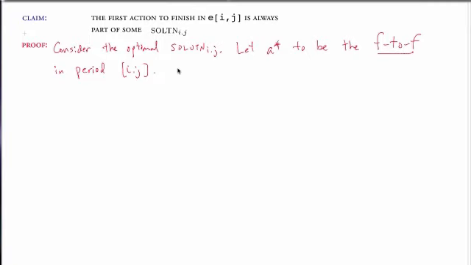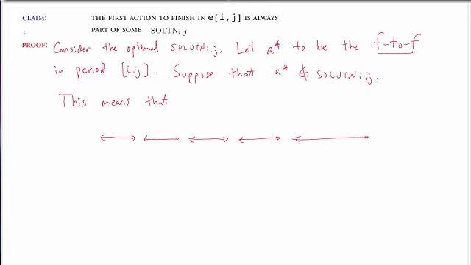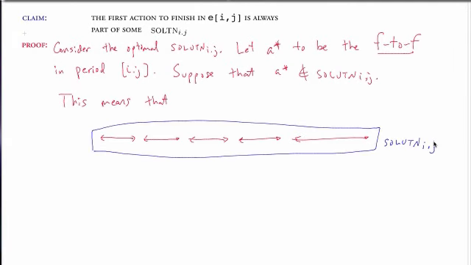Furthermore, suppose that A star is not part of the solution. Of course, if it is part of the solution, then already our claim is true. But suppose it's not. This means that, so this right here is solution.